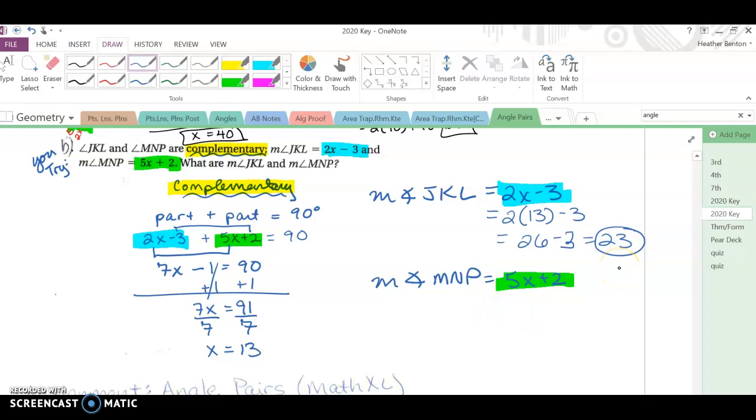That would be an easy way to find the other answer, but we're going to just do it this way just to check ourselves. So 5 times 13 plus 2. Okay, so, sorry about that, 5 times 13 is 65 plus 2, which comes out to 67. So those do indeed add up to 90. So I would say we did that right.